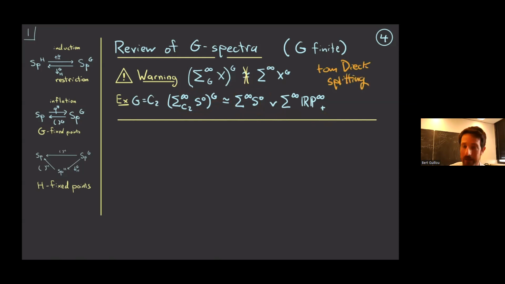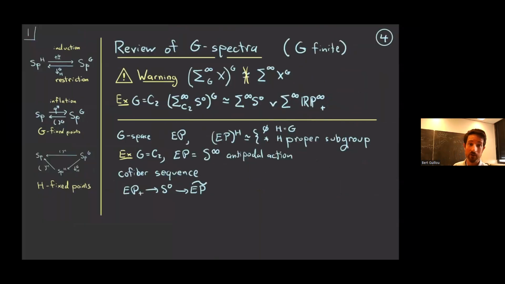And there's an analogous but slightly more complicated formula that works for any group and any suspension spectrum, but I just wanted to give it in the simplest case. So just something to be aware of. These categorical fixed points don't behave quite as simply as you might expect.